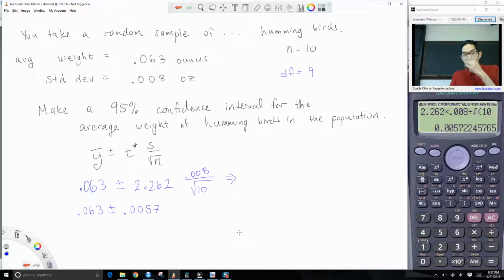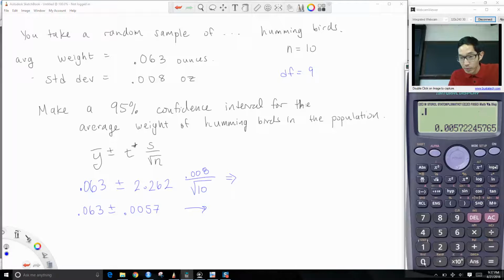Okay, so this gives me 0.063 minus 0.0057. On the low end I will have 0.0573, and on the upper end I just do a plus and I get 0.0687.